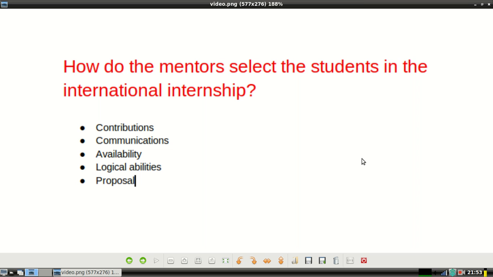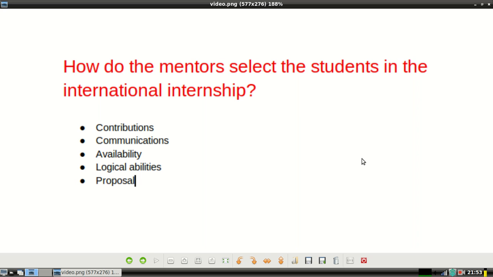So from the contributions we have a judgment of whether the student is at that stage to complete the project, or where the student stands on the competition scale in the crowd of students in a particular organization.